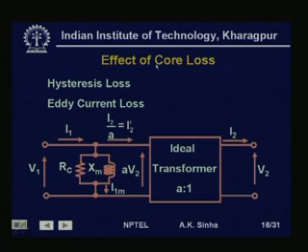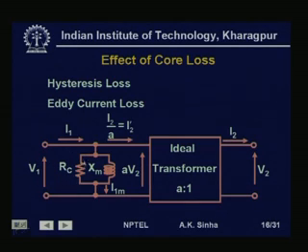Now, we will take care of the core losses. We say that core losses have two parts, one is hysteresis, another is eddy current. So, we can take care of both these losses by providing an element of resistance Rc.